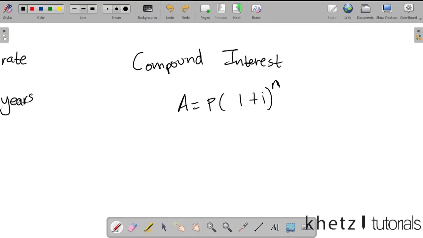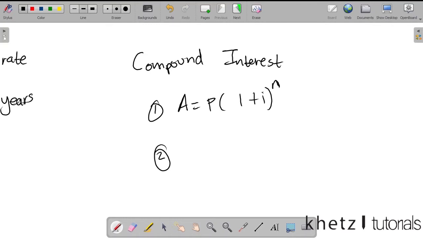You'll be told that a certain thing grows according to the compound interest fashion, or that it is compounded. There will always be hints that show you what to use. And just as we did with simple interest, you can do the same by going in the negative direction.